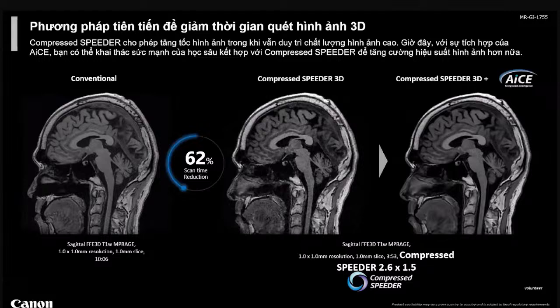And if you look at the Compressed Speeder, now we are able to improve the scan time to less than 4 minutes with the same scanning requirement. And at the same time, we can combine our AI reconstructions with the Compressed Speeder on the right-hand side to give you further improvement of the image quality. So with that, we are able to pair the compressed sensing sequence with our AI reconstructions.